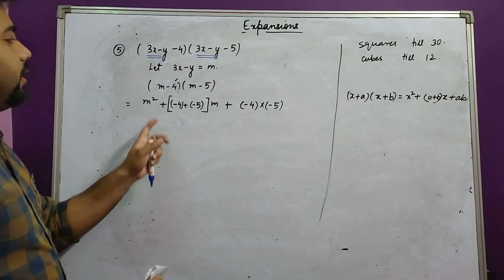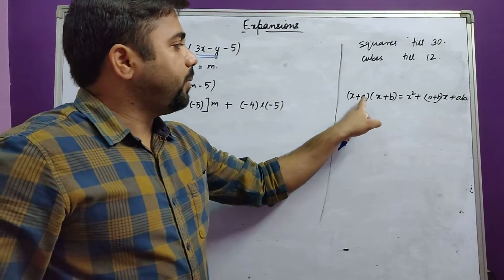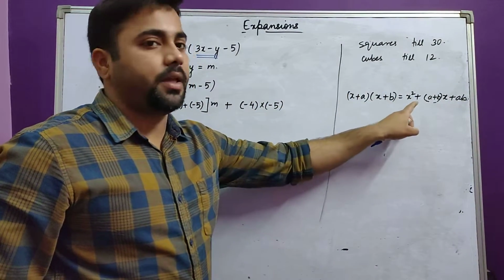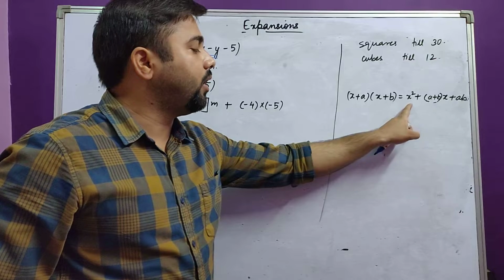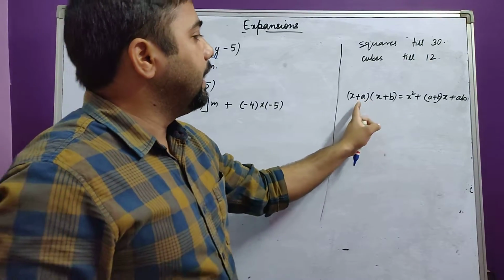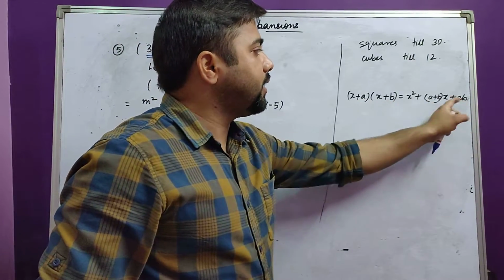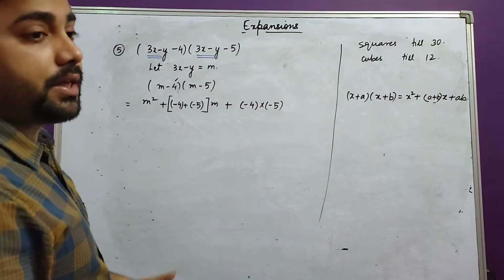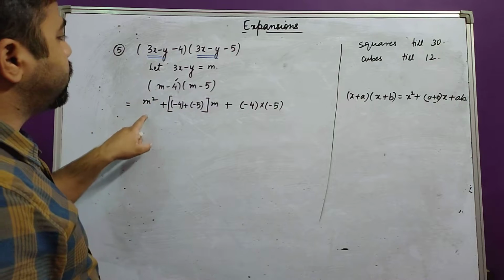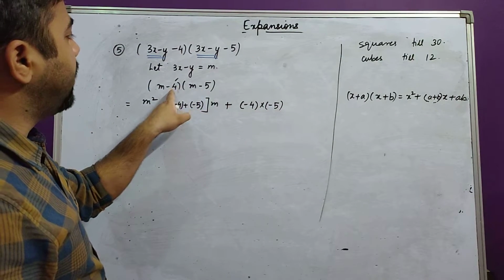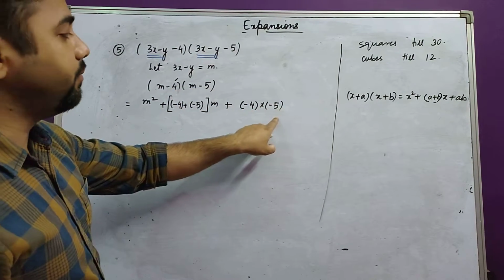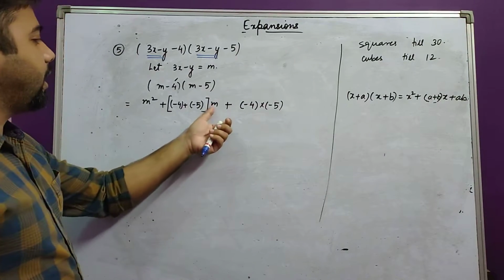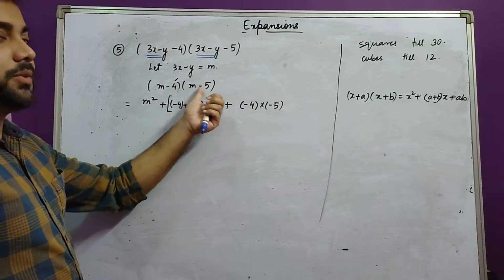Now just see, x plus a, x plus b, it becomes x square, that is the square of the variable, x within the bracket a plus b, that is we have to add both the numbers whatever the sign be, and ab at the last. It becomes m square. At the end the numbers were minus 5 and minus 4, and within the bracket we have to add both the numbers irrespective of the sign.